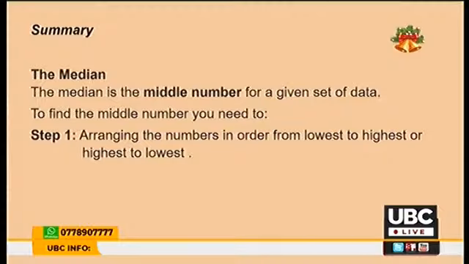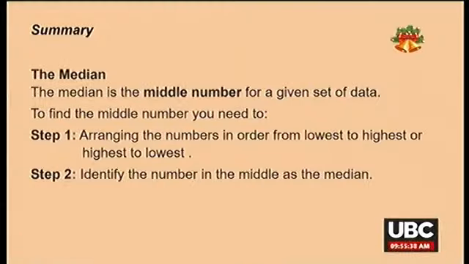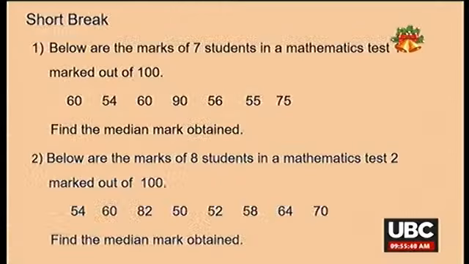You have to arrange your numbers in order, either from lowest to highest, or from highest to the lowest. Members, remember that we said that we are going to look at median of ungrouped data. So with ungrouped data, you're required to arrange your data the way it is given to you.